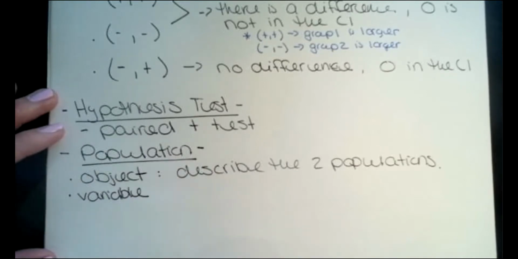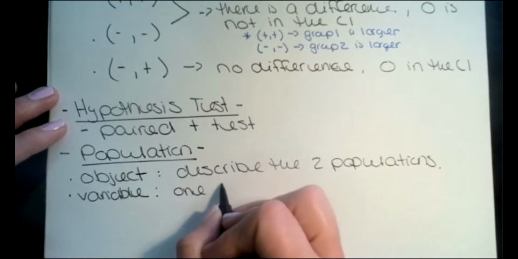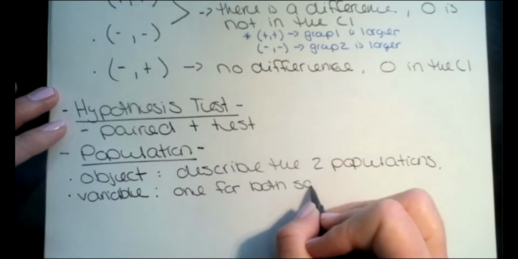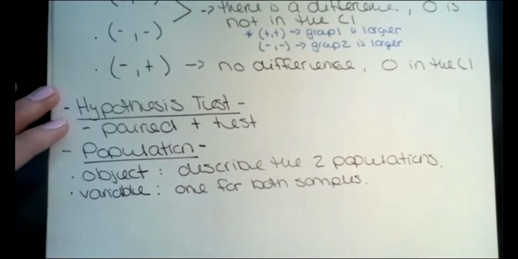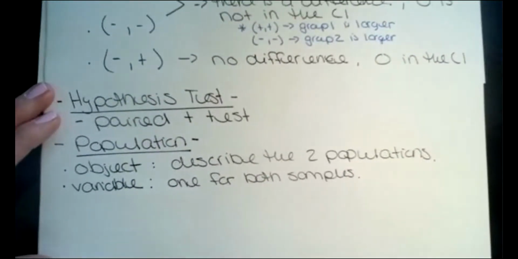Remember, like last class, we have one variable that we're studying between the two. So one variable for both samples, right? So for our example, it was their average in the Stat 2 class.